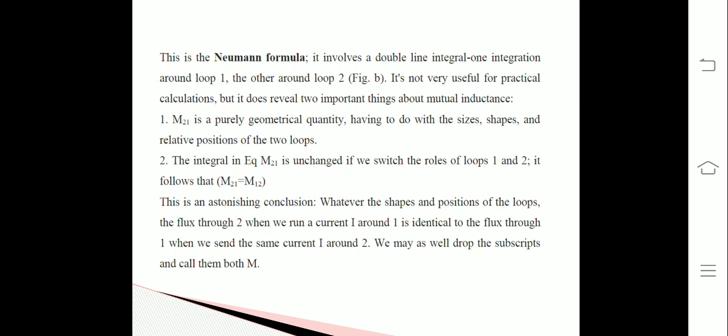M21 is a purely geometrical quantity having to do with the sizes, shapes and relative positions of the two loops. The integral in the equation for M21 is unchanged if we switch the roles of loops 1 and 2. It follows that M21 is equal to M12.